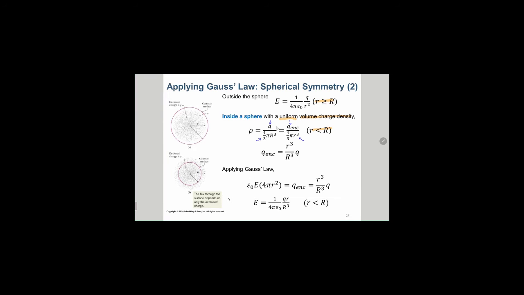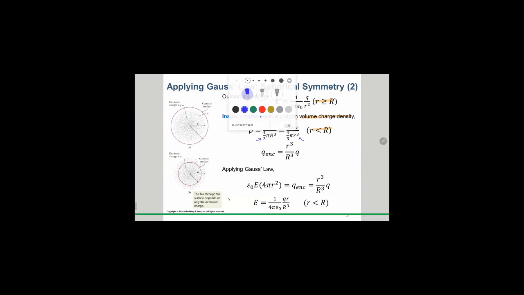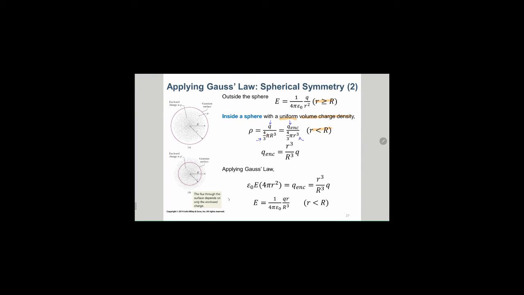Okay, so here we can of course cancel the pi and cancel the 4 over 3. So we get the expression Q enclosed equals Q times small r cubed over capital R cubed. And then we can apply Gauss's law for this Gaussian surface.